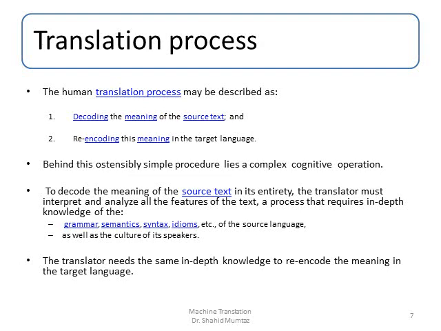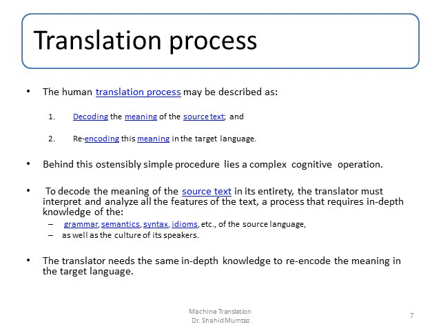to decode the meaning of the source text in its entirety, the translator must interpret and analyze all the features of the text, a process that requires in-depth knowledge of the grammar, semantics, syntax, idioms of the source language, as well as the culture of its speakers.